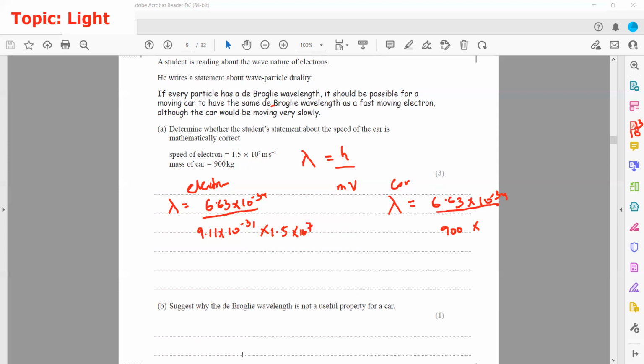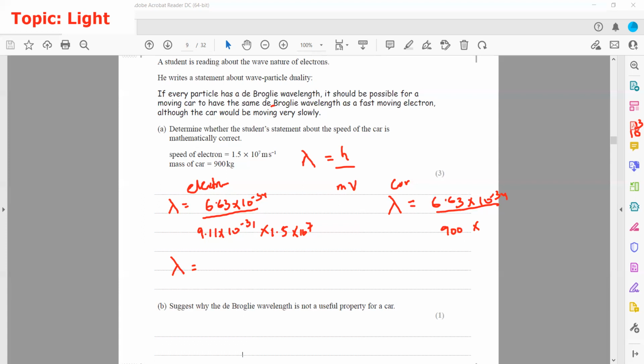First we work out the wavelength, because the student said the wavelength associated with the car will be the same as that of the electron. Mathematically we have to say whether it is correct or not.